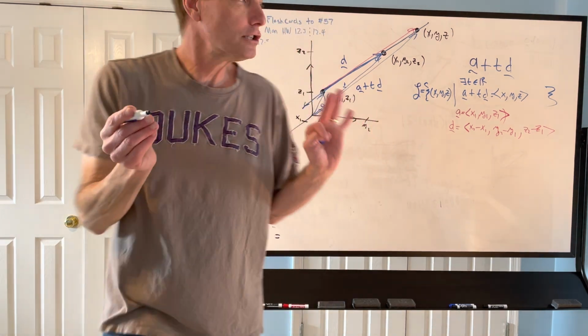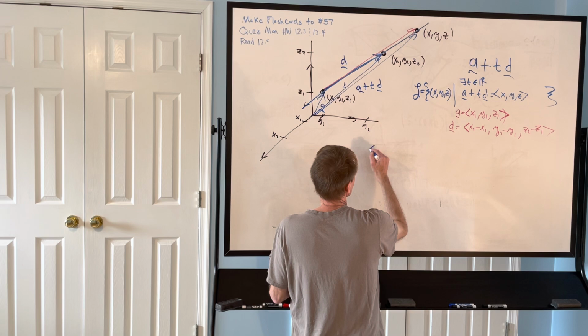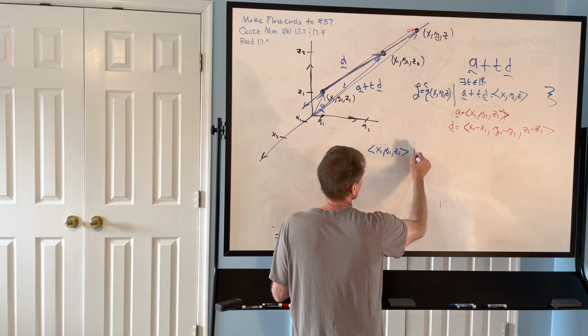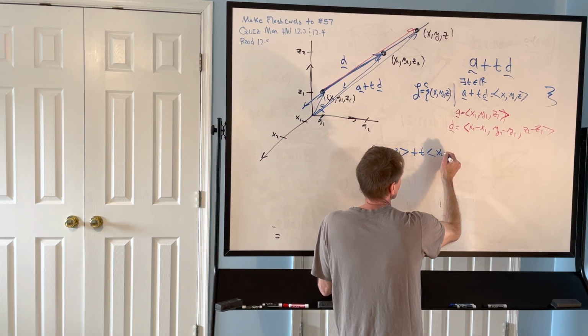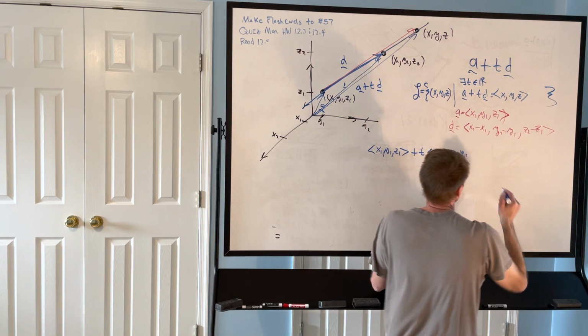Okay, so now let's just look at the symmetric form of the line. It would be A, which is here x1, y1, z1, plus td, which is the vector x2 minus x1.